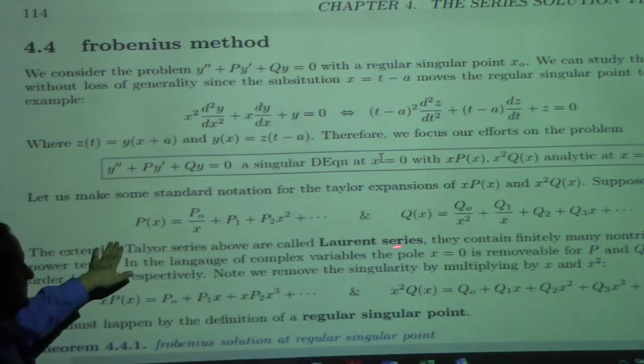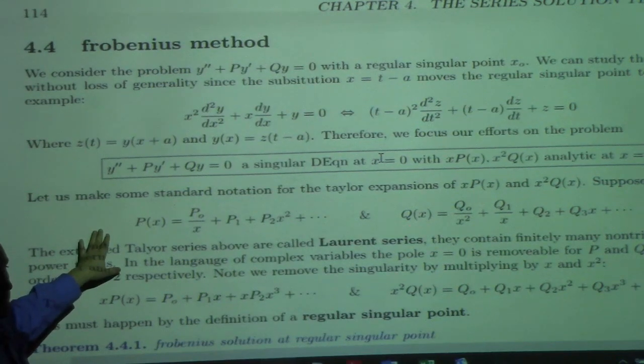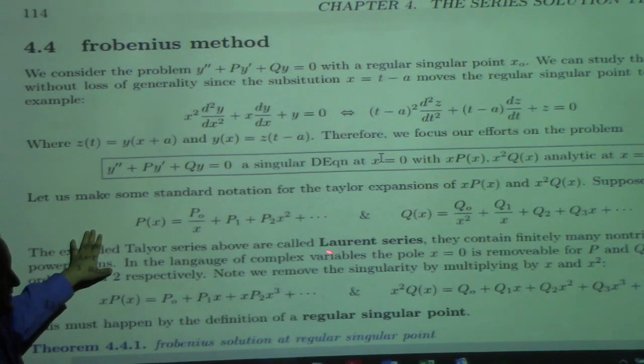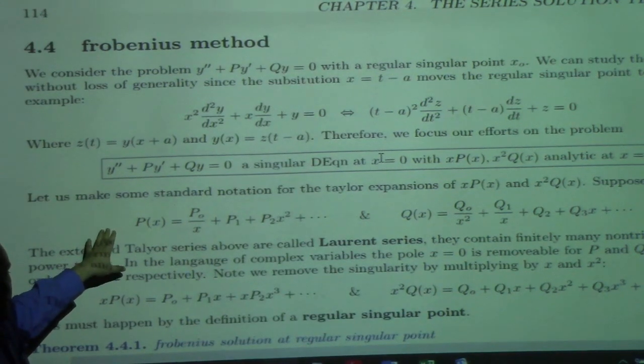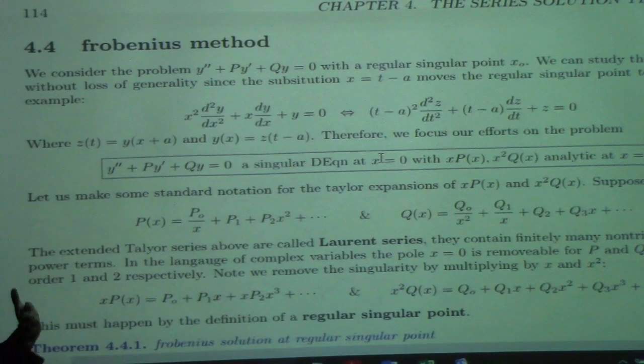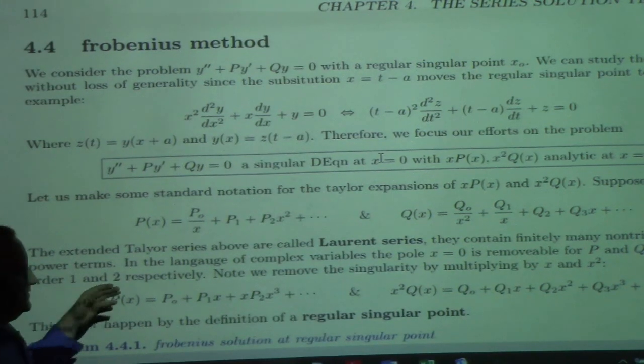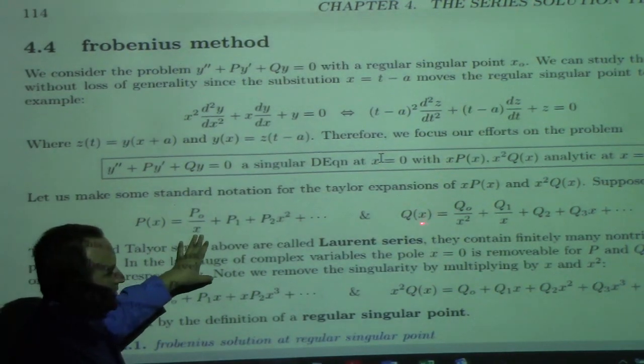Now, these are not Taylor expansions. These are what are known as Laurent series. A Laurent series is a Taylor series to which you add a few reciprocal terms. Finitely many, though. A Laurent series can't have infinitely many reciprocal terms. But what that also means is that there's what's called a pole.